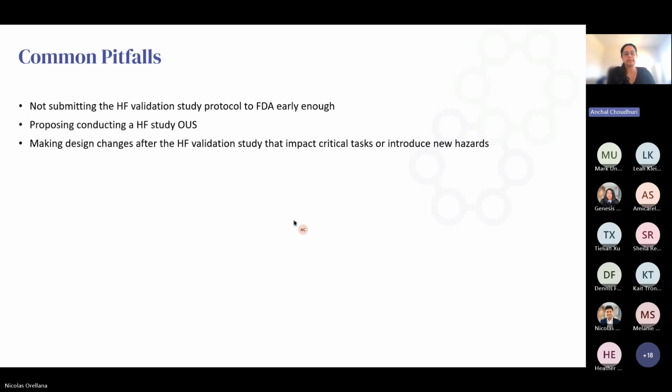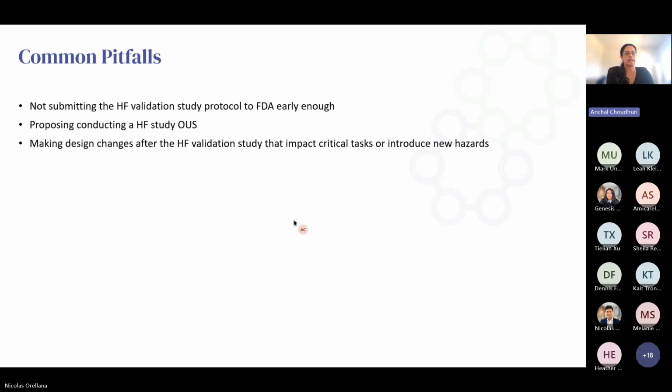That's typically not agreeable to FDA because they want to see that the user population in the US is represented, and oftentimes there are differences such as differences in the diversity of the US population, the training and knowledge of US users versus OUS users, and even the use environment itself.